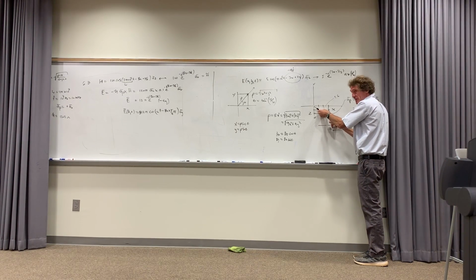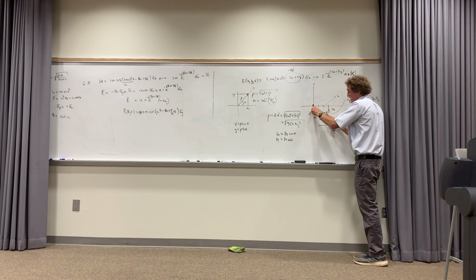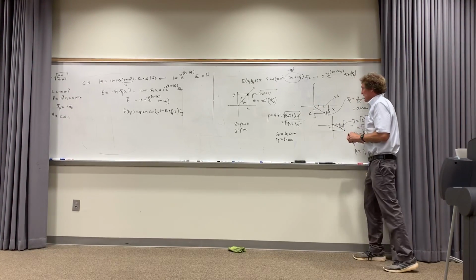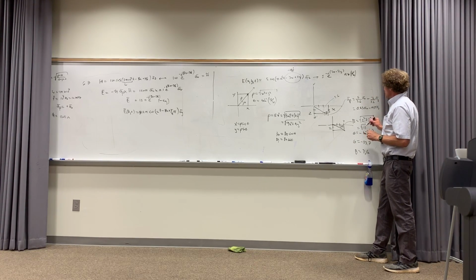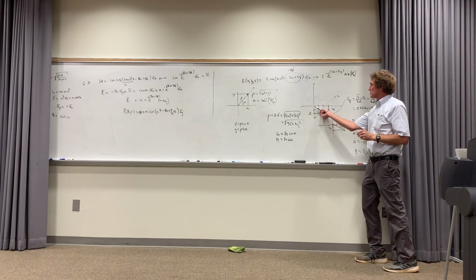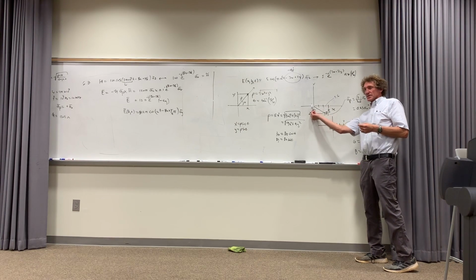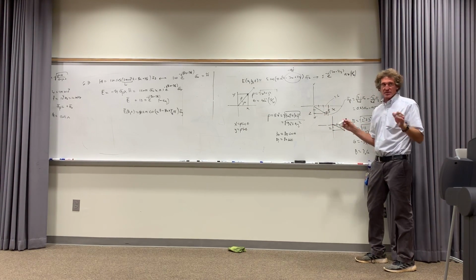If this is a unit vector, the projection on the x-axis would be the cosine of that angle, and the projection here would be the sine of that angle. I'm not saying this very well, but really the only thing these things are doing is taking the projection. If that's proportional to 1, then this is proportional to what? When scaling. That's simple. Okay.